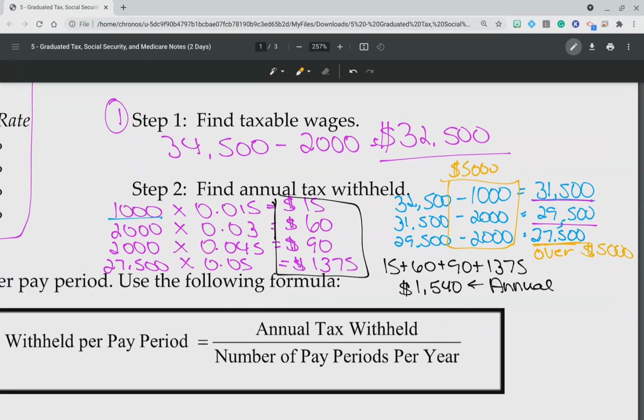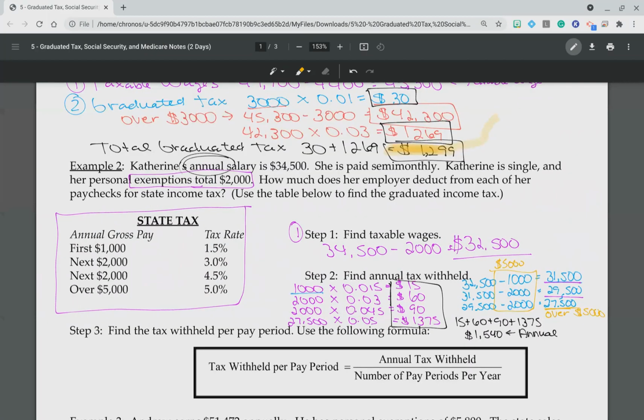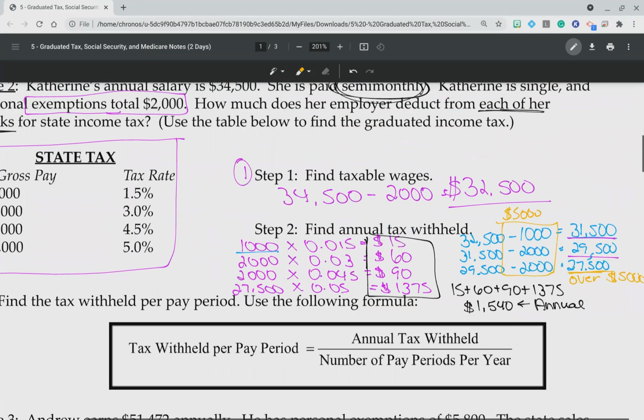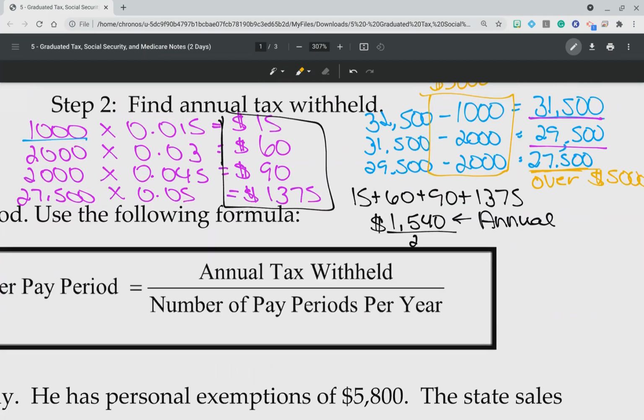All of these numbers that I used have been from her annual salary. The question asks, how much is deducted from each of her paychecks? If we know that she is paid semi-monthly, just like before, I take my annual and divide it by 24 paychecks a year.